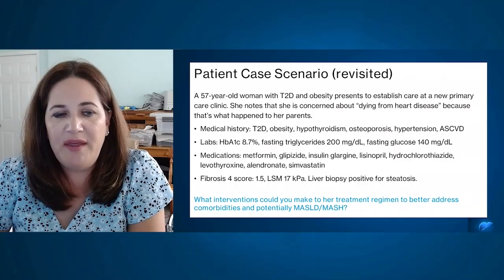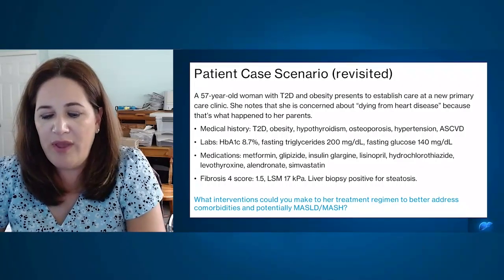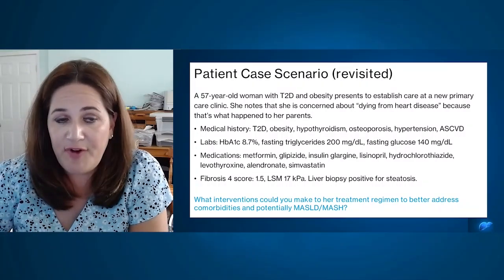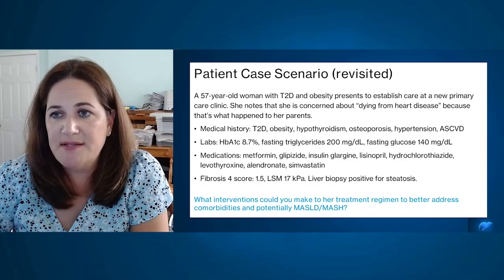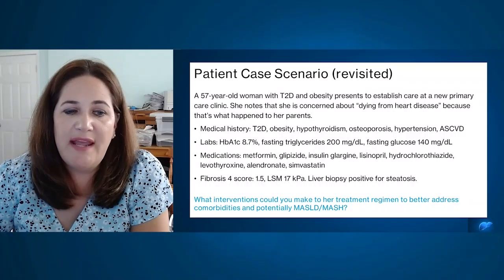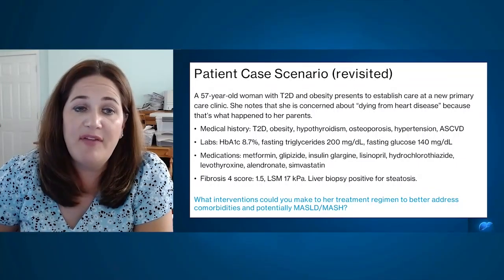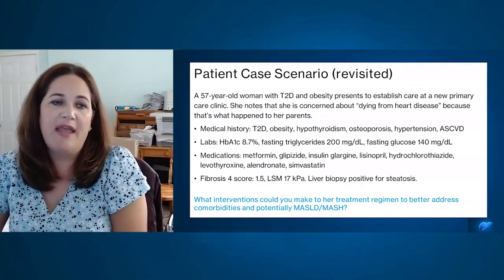Now, one thing I would be curious about is if her fibrosis score was in that 2 to 3 range, and we could use the Rezdiffra for management of that disease. So we would need to know what that staging was, but that would definitely be a consideration for her case.